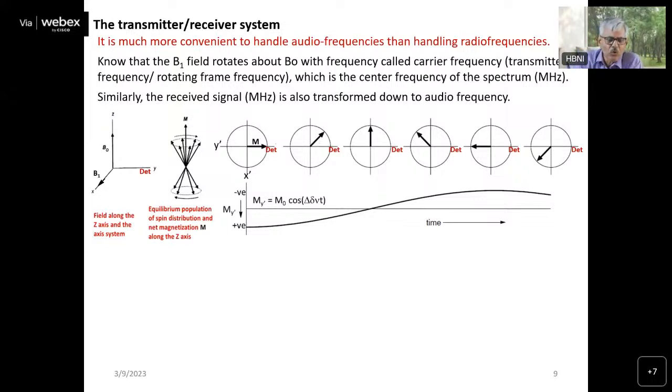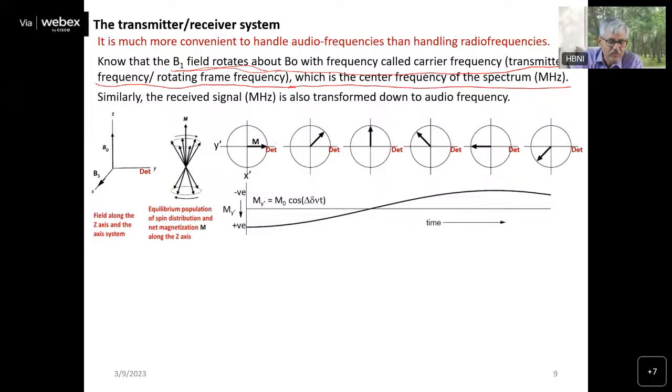We already know that the B1 field, the radio frequency field, rotates about B0, the applied magnetic field, with a frequency called the carrier frequency, or transmitter frequency, and rotating frame frequency, which is the central frequency of your spectrum. It will always be set to the central position of your spectrum, or very close to that.